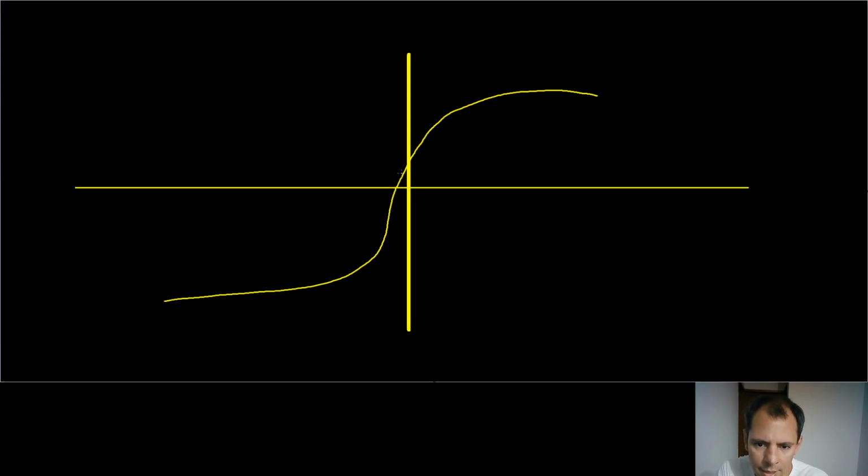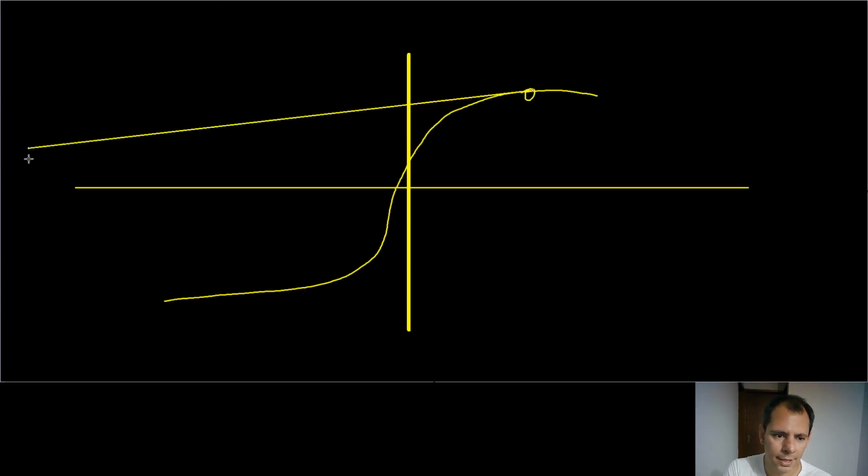Now let's just say that you start with an estimate here. Now look at that. That tangent is going to cross the x-axis way over to the left. And then you go to the left, you're going to come here and cross the function here, and the function here also has a tangent that's very close to 0.